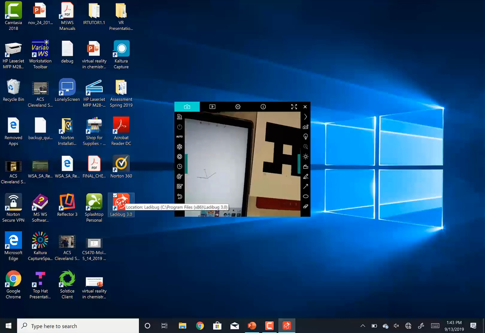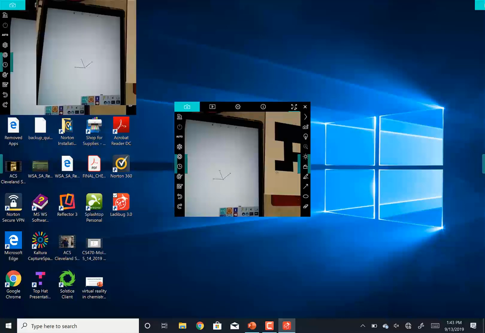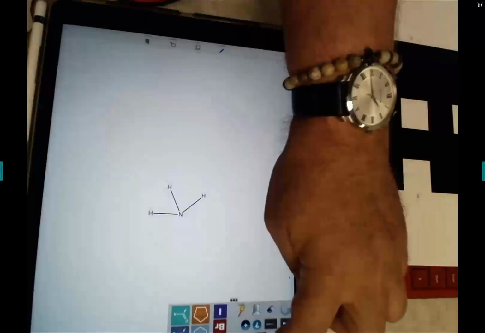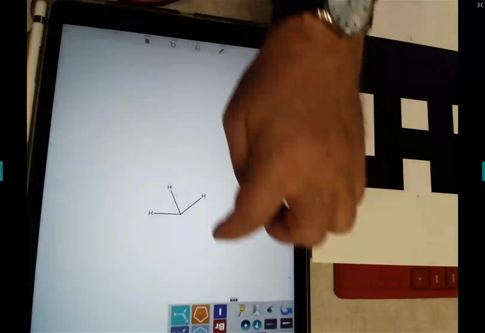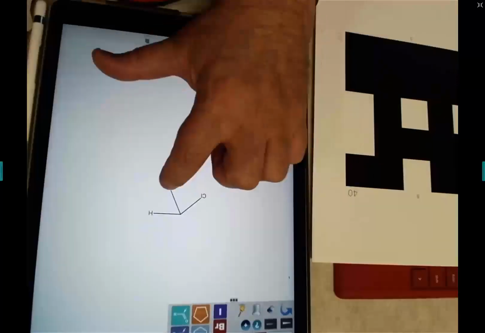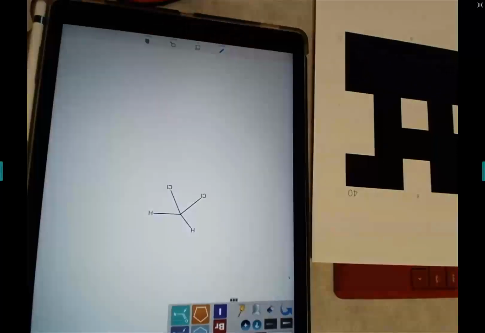This would be the equivalent of using the Elmo over there, but I think with the internet out, the Elmo has some issues. Okay, so let me draw this out. So carbon, and then I want 2 chlorines, chlorine, chlorine, hydrogen, hydrogen.